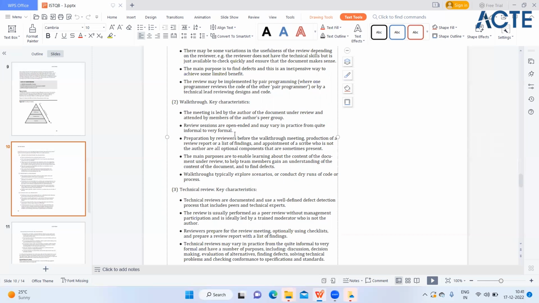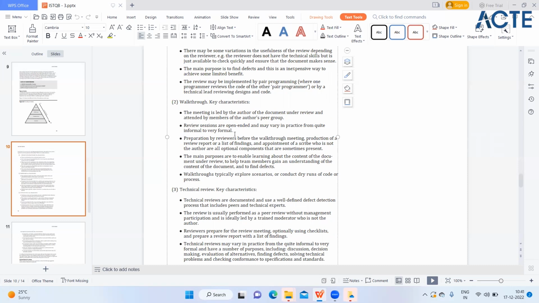So in the walkthrough, the author is the one conducting those meetings. Just as we have the kickoff meeting, we have this walkthrough kind of meeting also. So it's a part of this formal process.